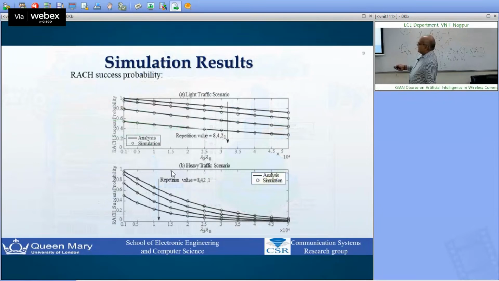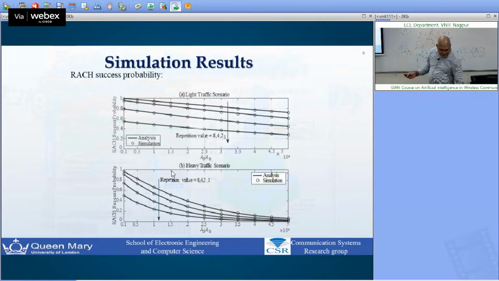This is the density of devices over the density of base stations within that area. The number of base stations per square kilometer is lambda B, and lambda D is the number of devices per square kilometer. From these results, we found that if we increase the repetition factor, then the random access success probability is higher.